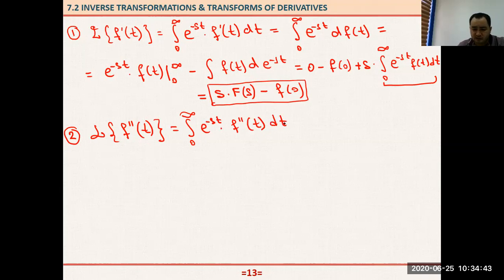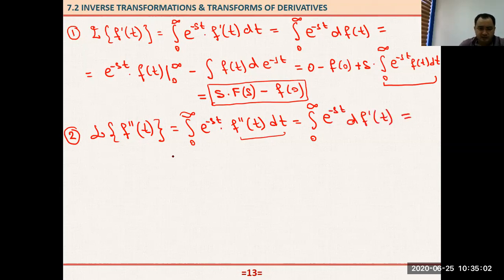If I bring this inside, because this thing is just the differential of f prime of t, that is equal to the integral from 0 to positive infinity of e to the power minus st d f prime of t.